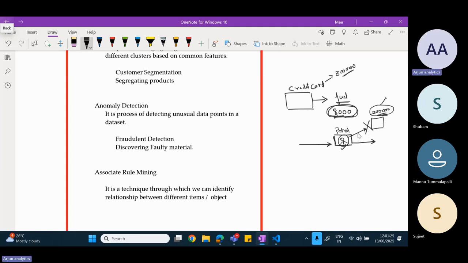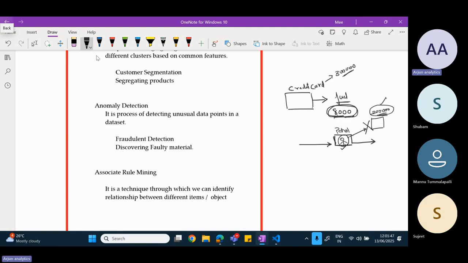100% it is blocked, and it will call me or send an OTP to confirm that it is me. Obviously, it's not me, so that transaction will be completely cancelled. That is what happens with anomaly detection.